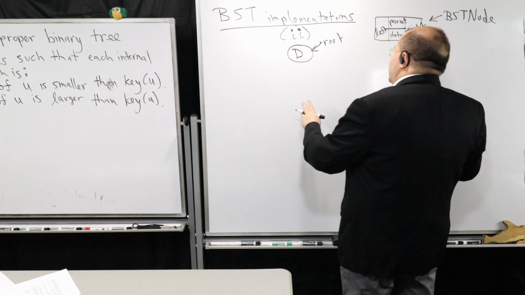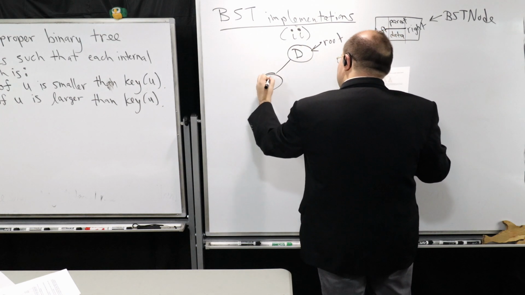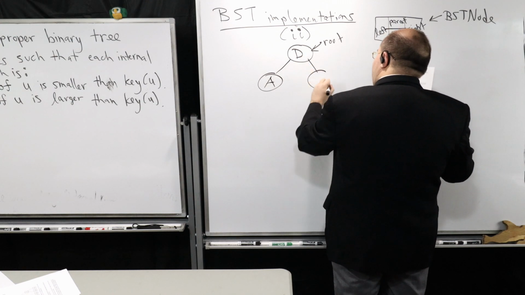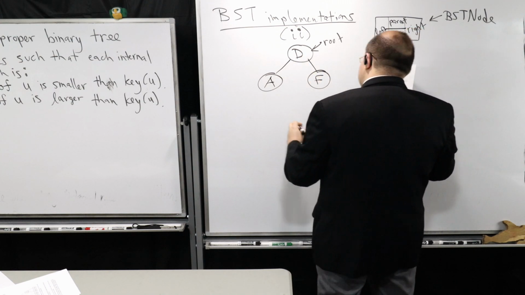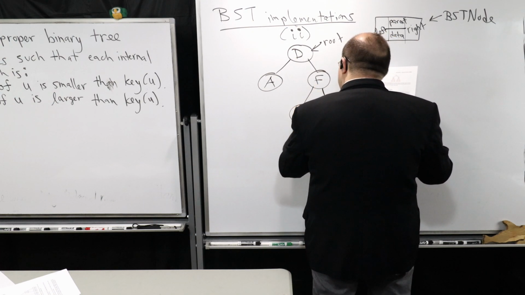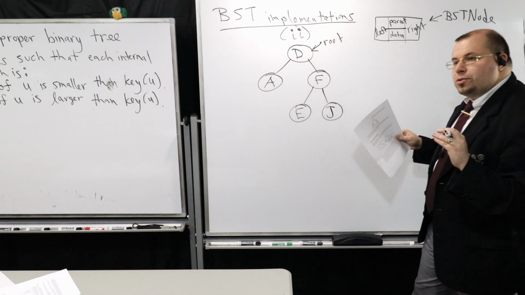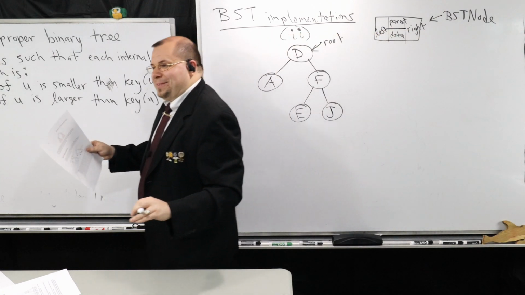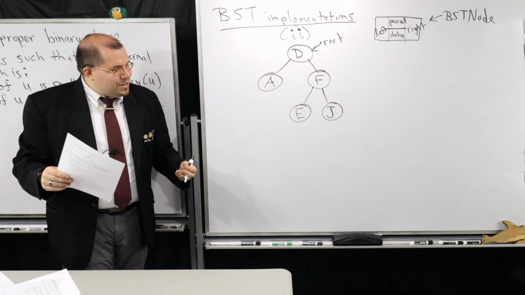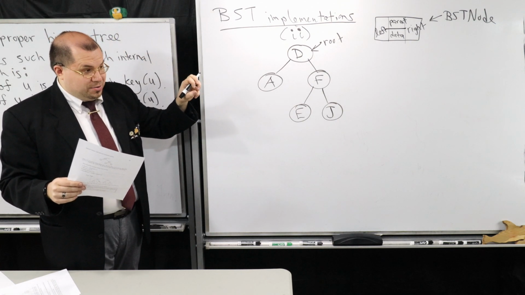So, for example, if I were to draw this out, if I had D, A, and F are the left child and right child, and I'm also going to have E and J as the left and right child of F, you'll notice that I didn't say anything about the leaf nodes up to this point. In this representation, the leaf nodes actually are placeholders or dummy nodes.